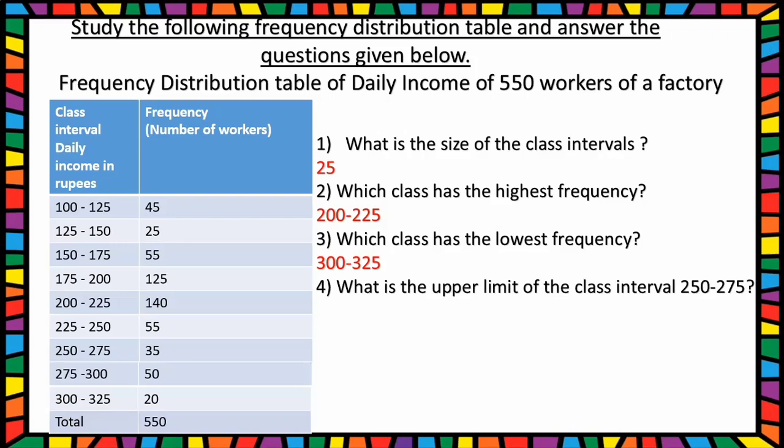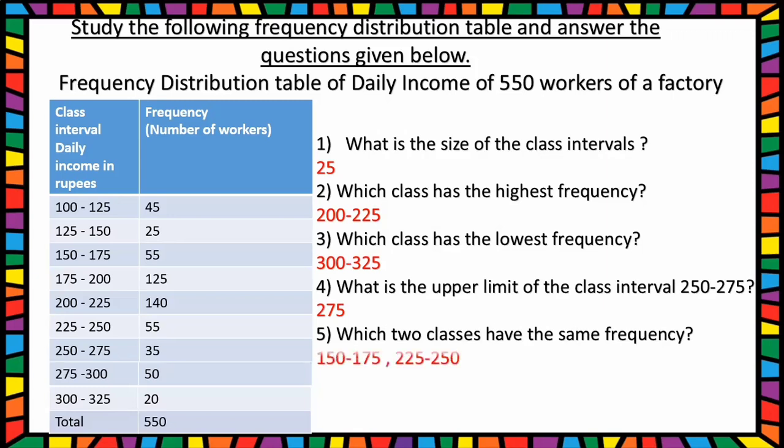That is obviously 275. Next, which two classes have the same frequency? See here, two classes have the same frequency, 55 each. That is 150 to 175 and 225 to 250. Hope you all understood.